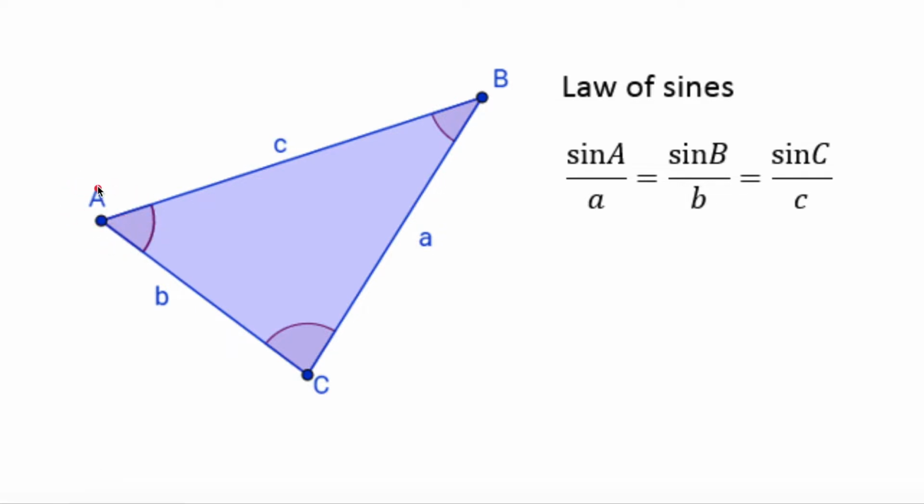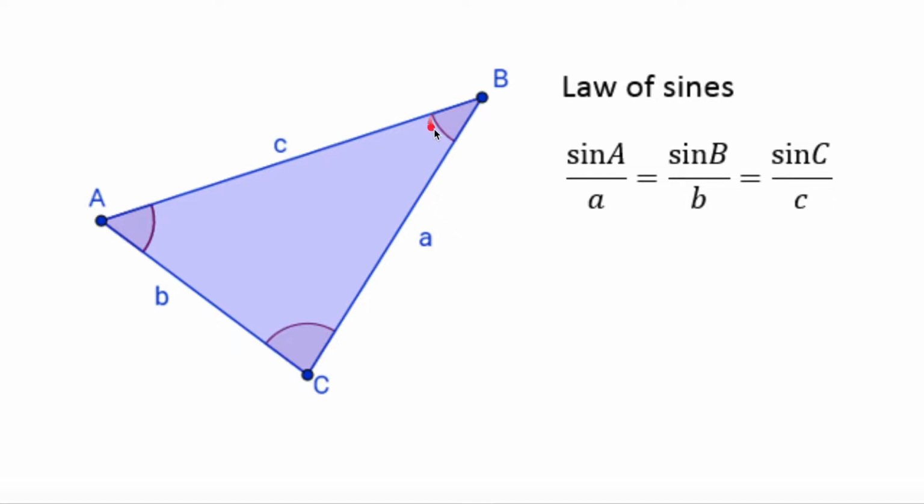And to know what side it goes to, or where the small a is, you need to draw a line or see where it opens up to. As you can see, when I draw a straight line, it hits this side. So this side will be small a. Same thing here.